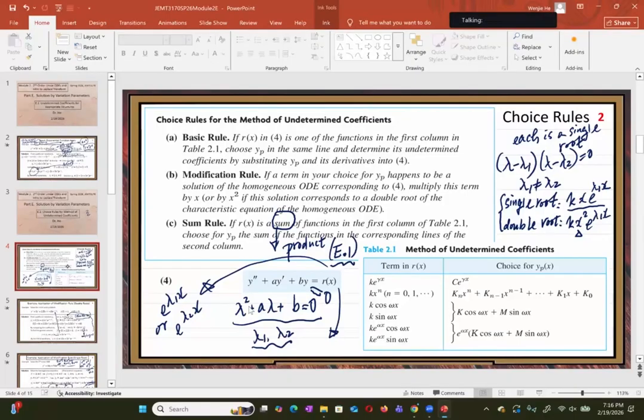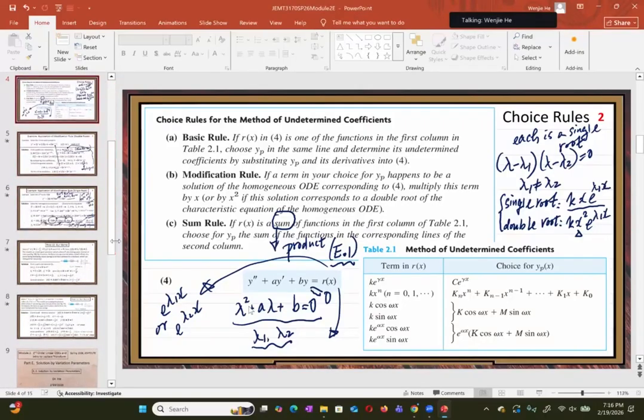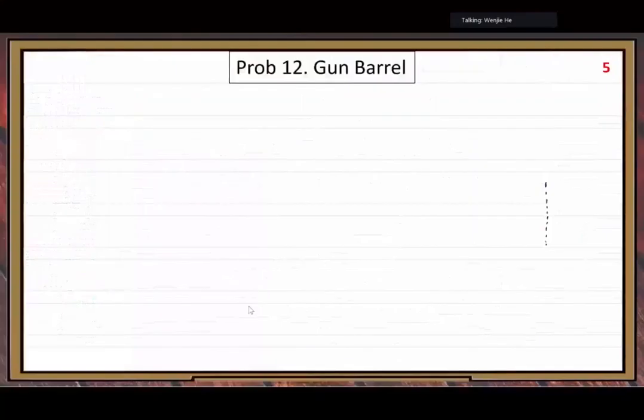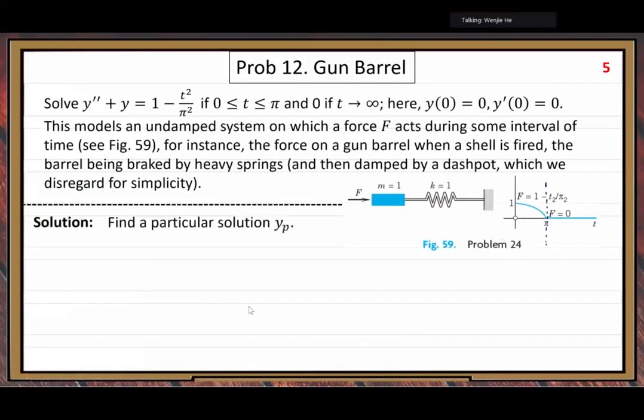So we can continue our solution. The calculation part should not be hard, pretty straightforward. For the choice rule, the critical step is YP. How do you write YP? If you get it right, the remainder is just calculation.